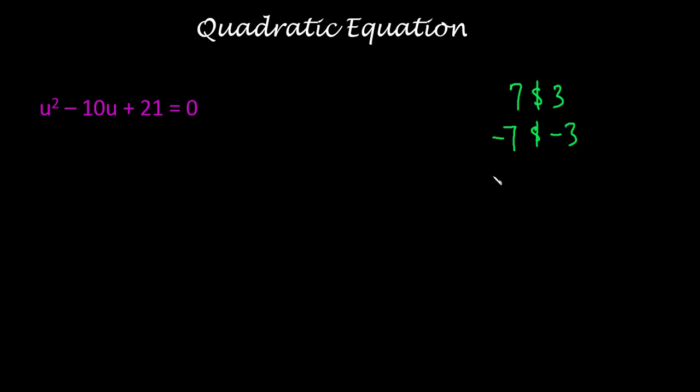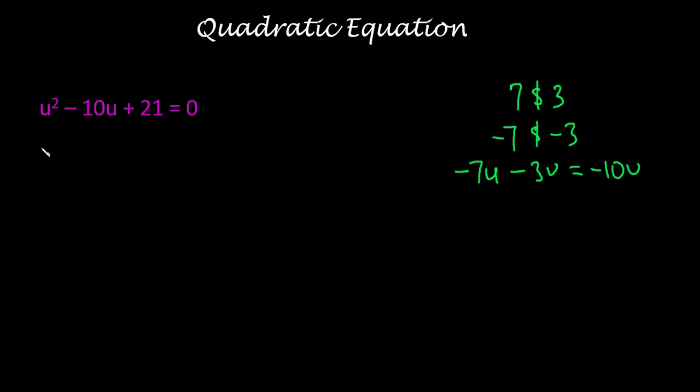So instead of writing minus 10u, we are going to write minus 7u minus 3u, which gives us minus 10u.